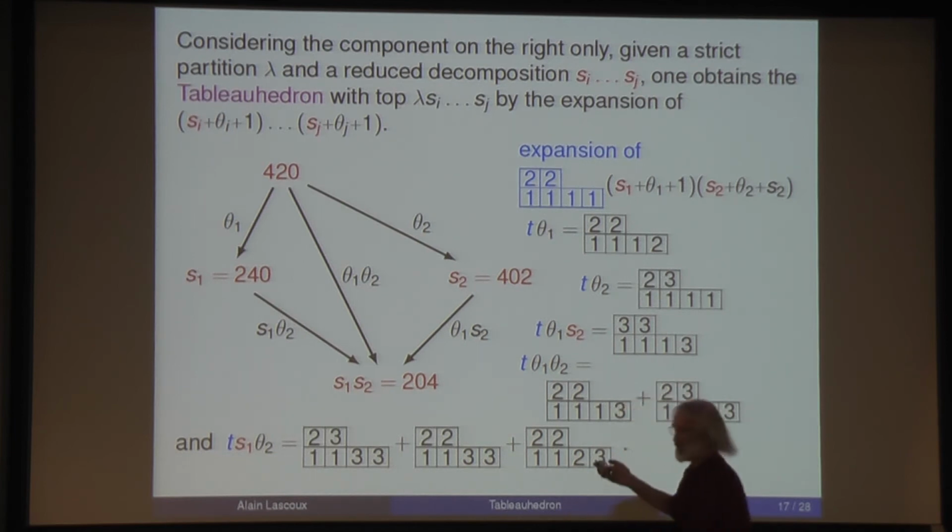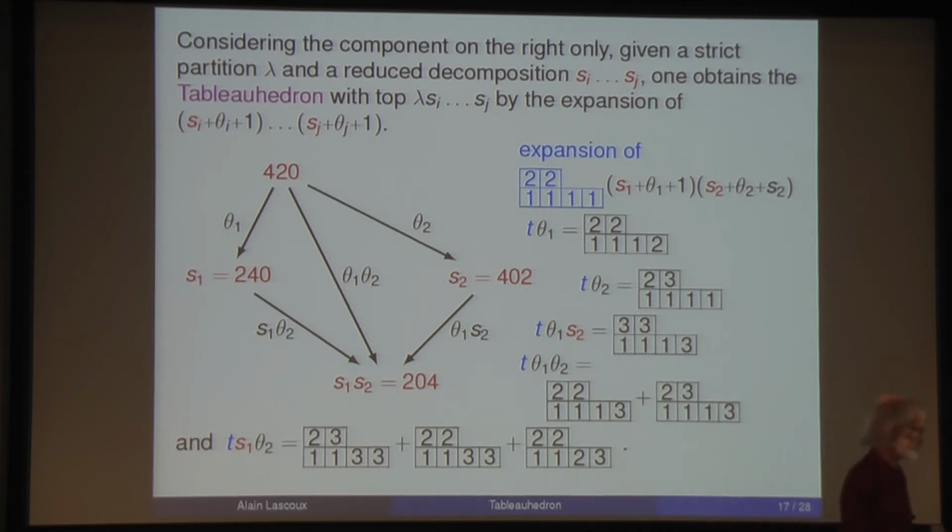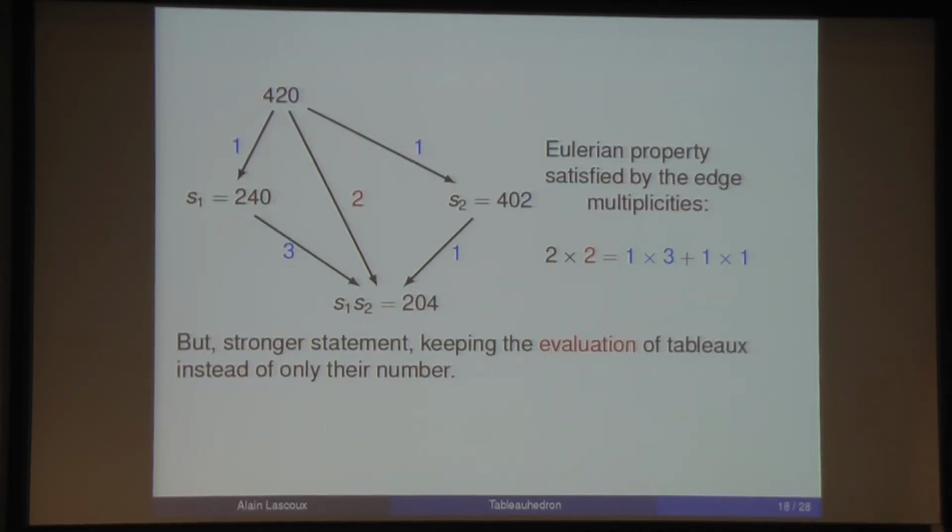But now we realize tableaus as edges for the Bruhat order. Now I come to the subject: if I look at multiplicities, I have written the multiplicities. That is the number of tableaux which have a given left and right key.